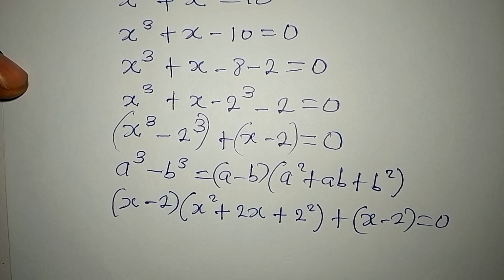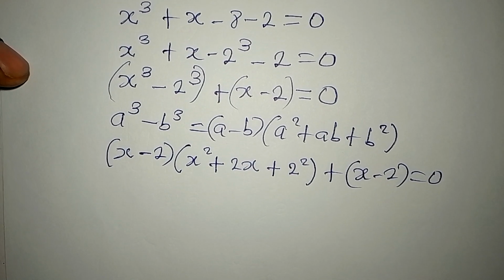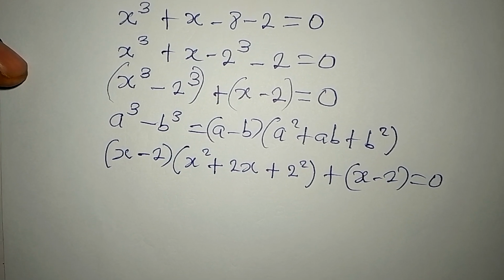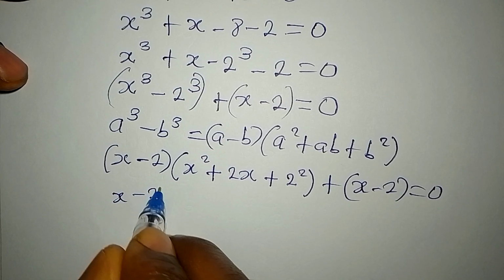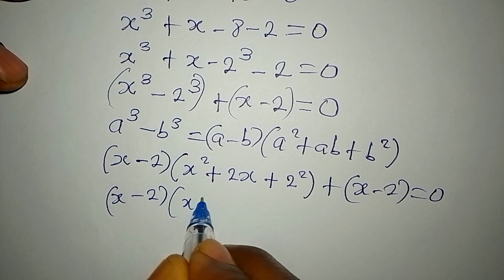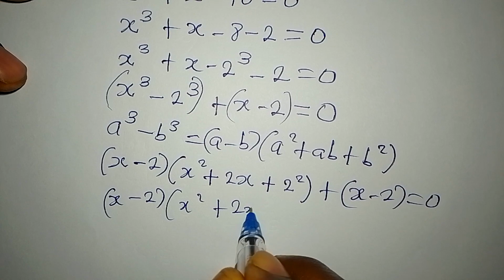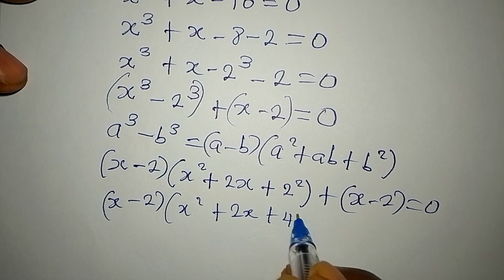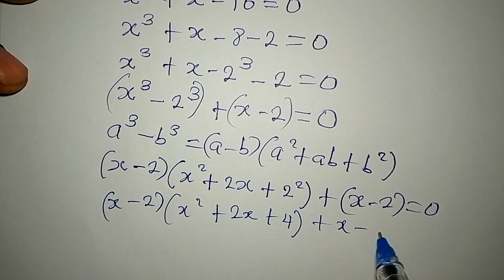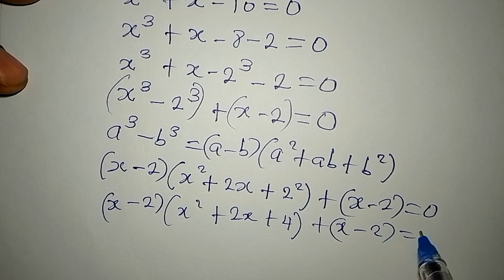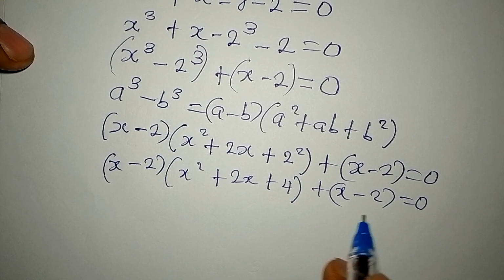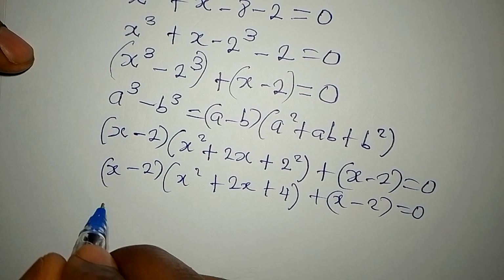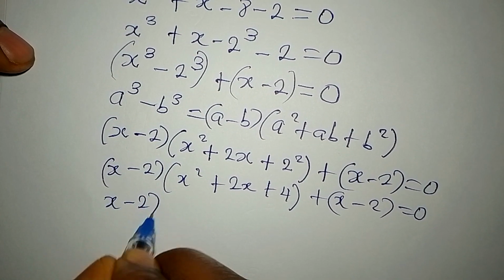Everything equals 0. So what do I do from here? I'm going to have x minus 2 into x squared plus 2x plus 4, then plus x minus 2 equals 0. Now, what is common to this is x minus 2, so it has to come out.